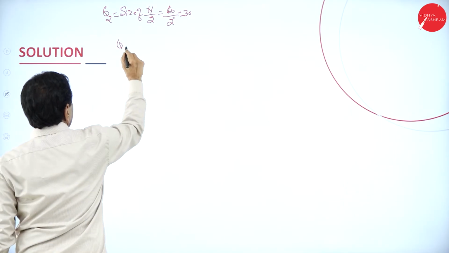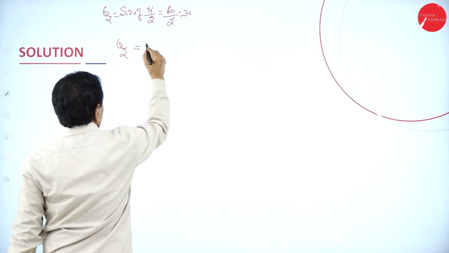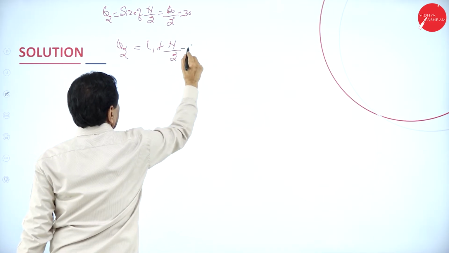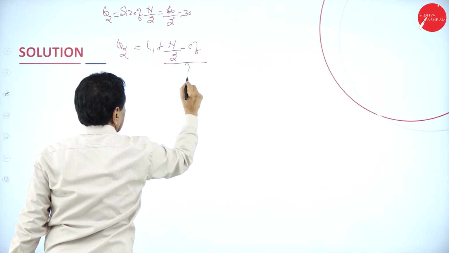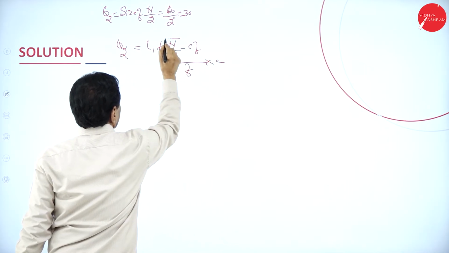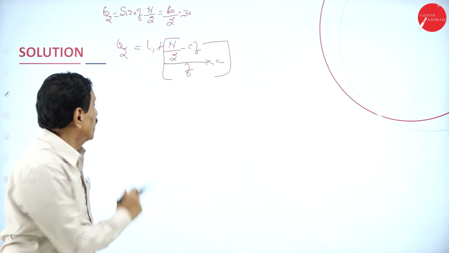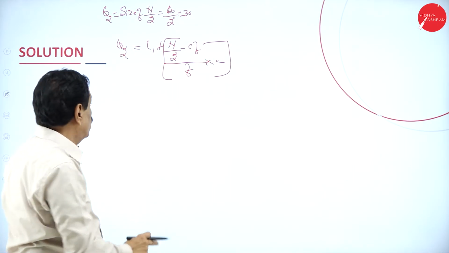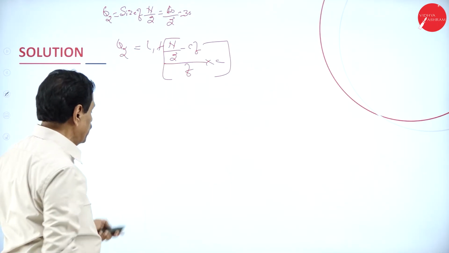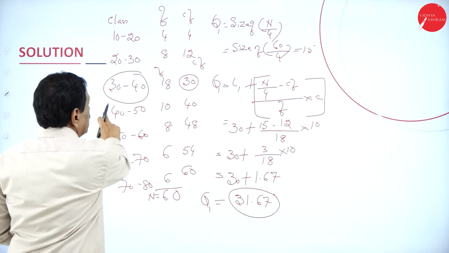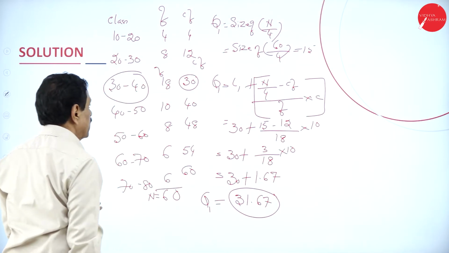Q2 is equal to formula L1 plus N by 2 minus CF over F into C. What's the formula? Q2 is equal to L1 plus N by 2 minus CF over F into C. You'll go to the problem now. Here 30 to 40 is your class.